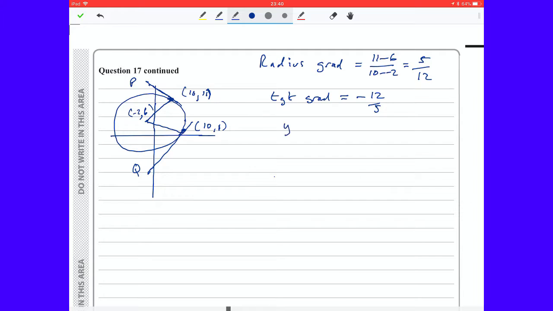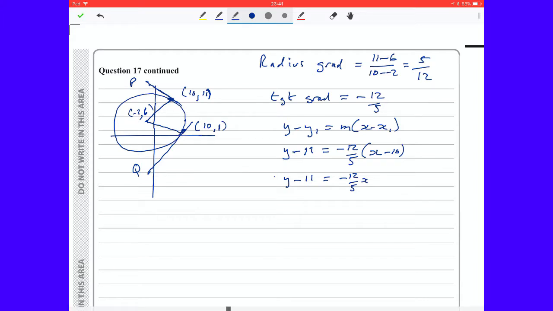Now I can use y minus y1 equals m(x minus x1) to find the equation of the tangent. y minus 11 is equal to -12/5 (x minus 10). So y minus 11 is equal to -12/5 x.